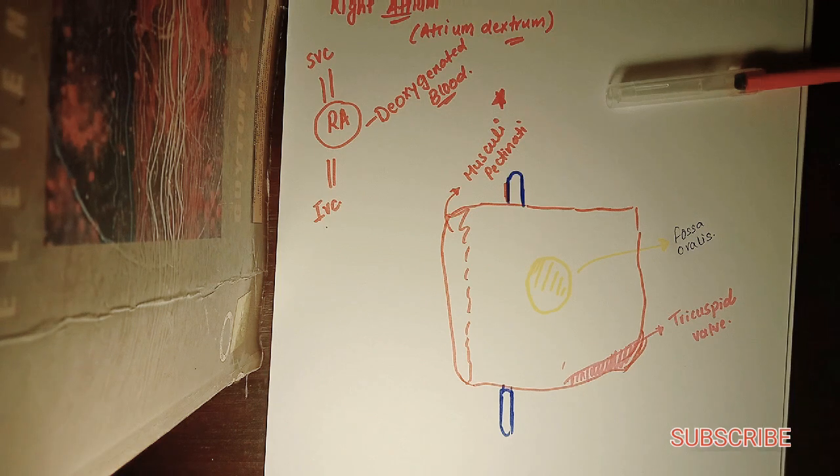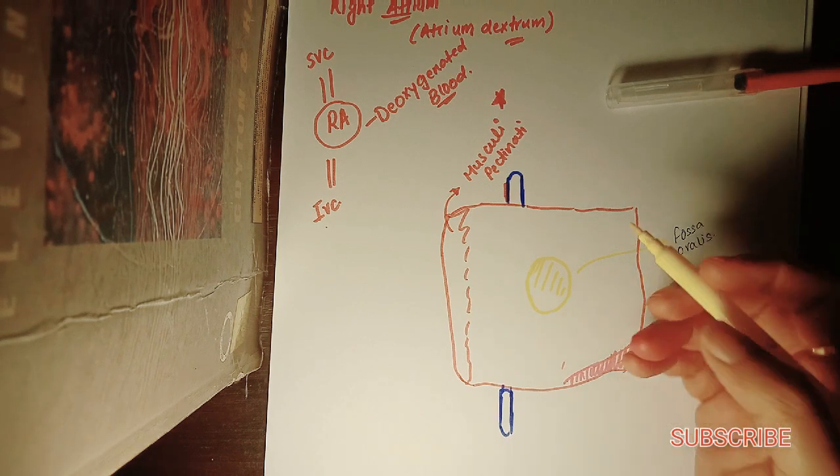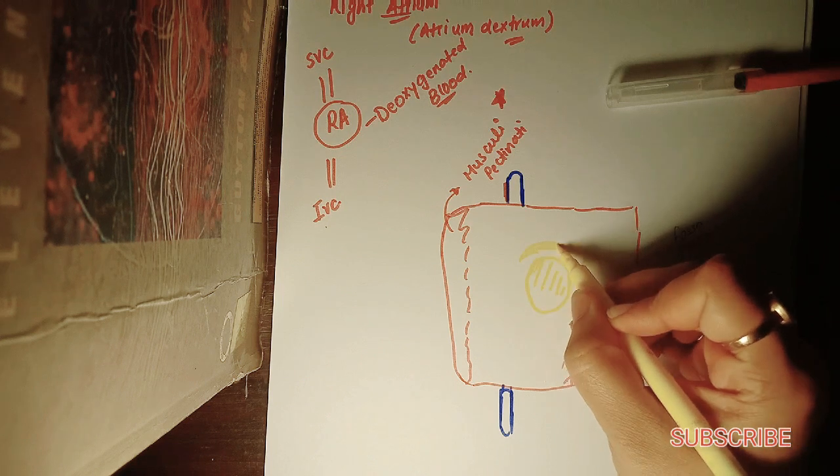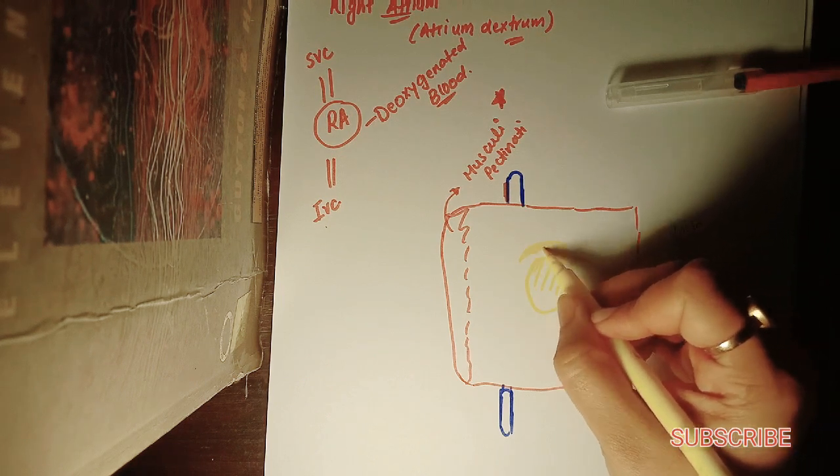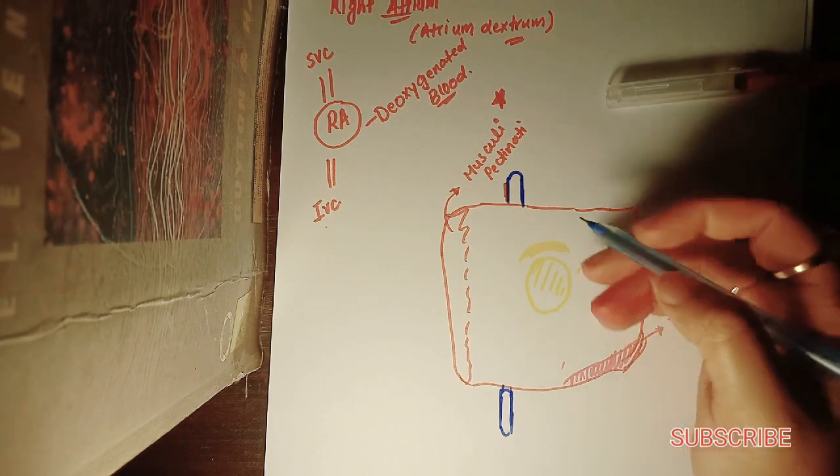Then on the upper side of the fossa ovalis, there is a part known as the limbus of the fossa ovalis.